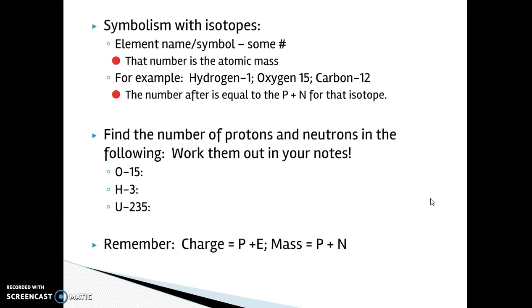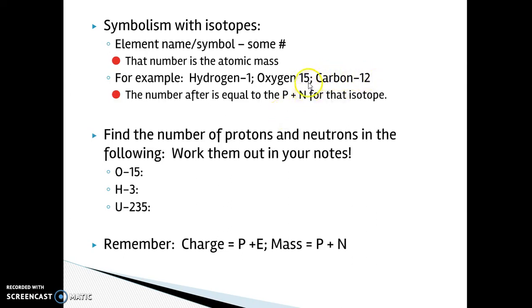Symbolism is actually pretty important with isotopes. A lot of times you're going to see them written as the element name or the element symbol, and then there'll be a dash, followed by a number. That number is going to be the atomic mass. For example, hydrogen-1, so the mass of that would be 1. Oxygen-15, the mass would be 15. Carbon-12, the mass would be 12.